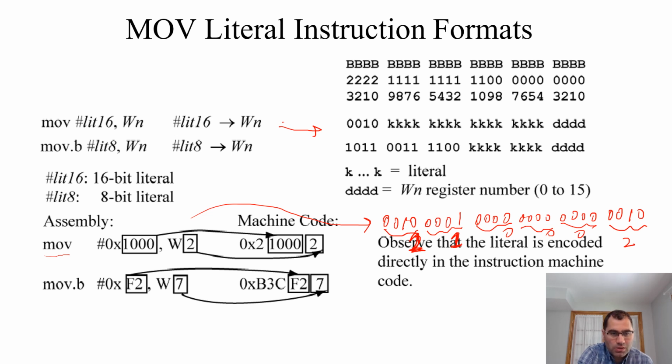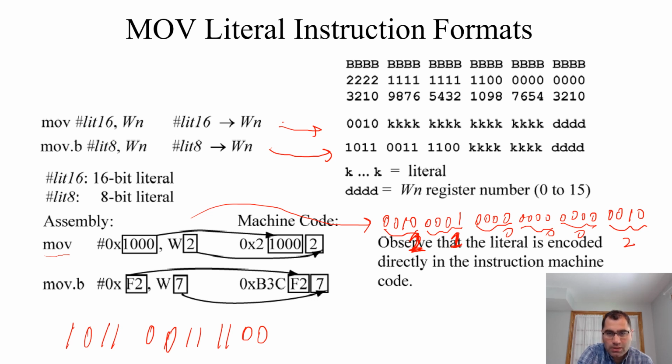So let's look at this one. This is an 8-bit literal, so we have to use this format. It says 0, 0, 1, 1, 1, 1, 0, 0. All of that is automatic, so we just copy it from here.